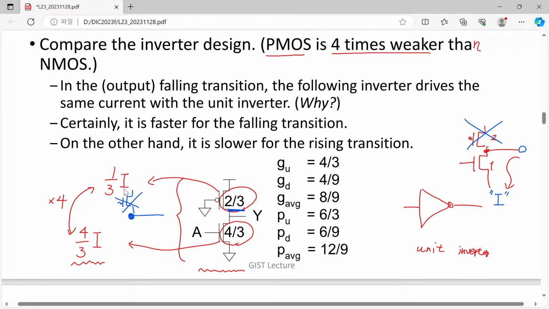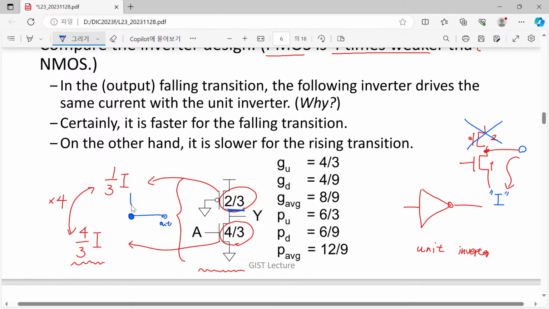However, now our P MOSFET still tries to charge, not discharge, this output node with a current of 1/3 I. And now this N MOSFET is also trying to discharge it with its current.